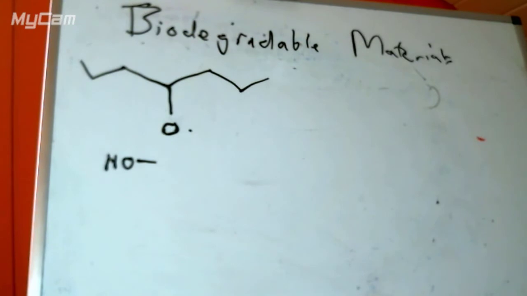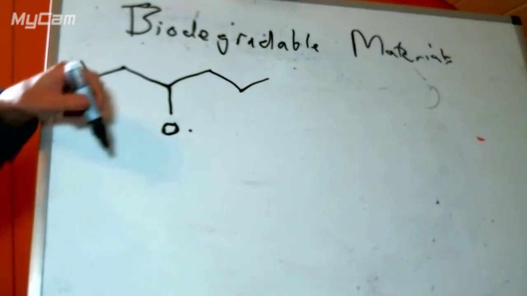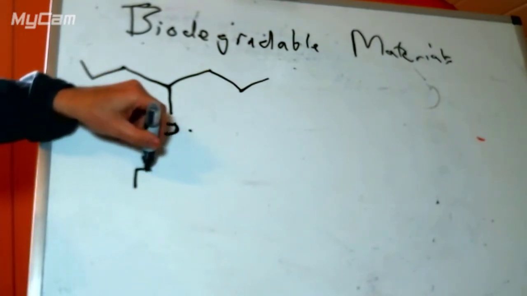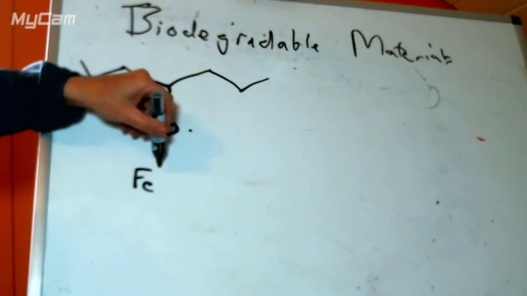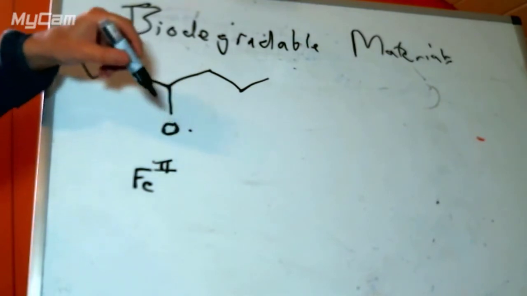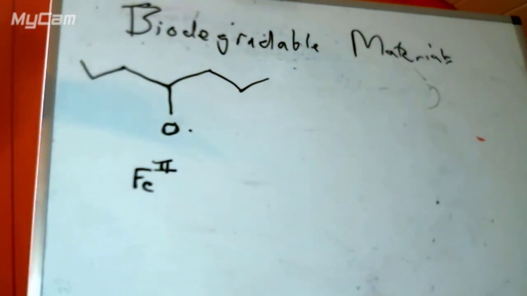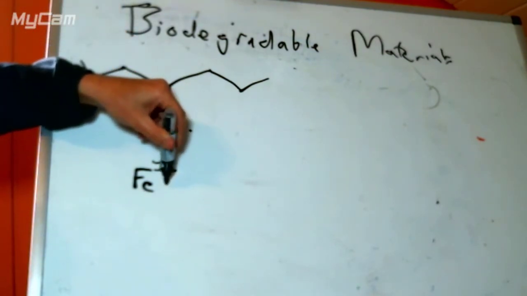So in this case, we're going to start with a simple case. We're going to start with iron. Why are we going to start with iron? Because this is a problem inside the body that you might already know about. So if we have iron, we can have iron 2. Iron 2 can donate an electron.